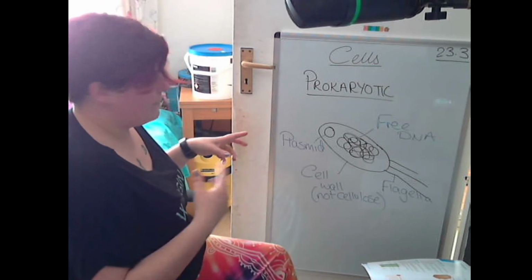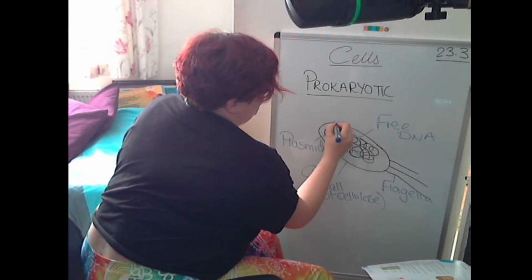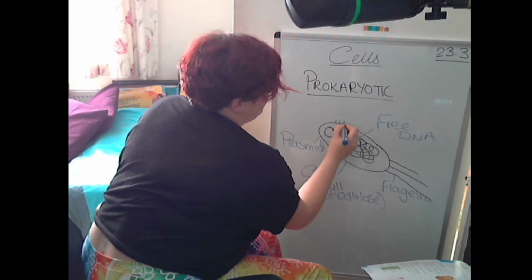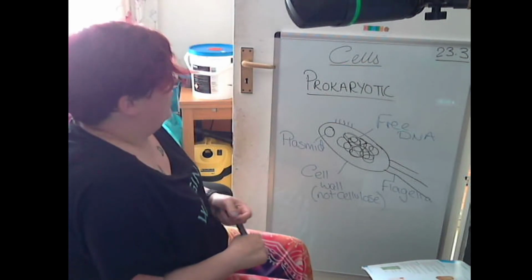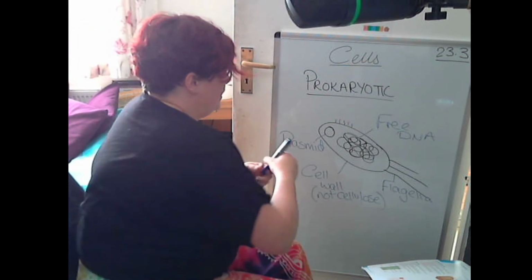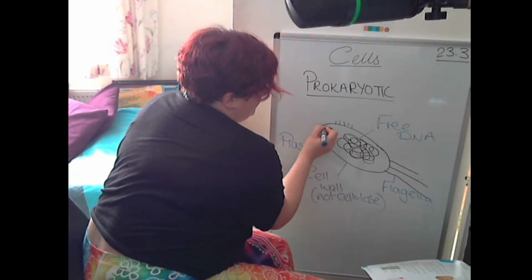You will get slight variations. Sometimes you'll see pictures or diagrams and they might have what look like little hairs around the outside. You will also see them with maybe little shapes.